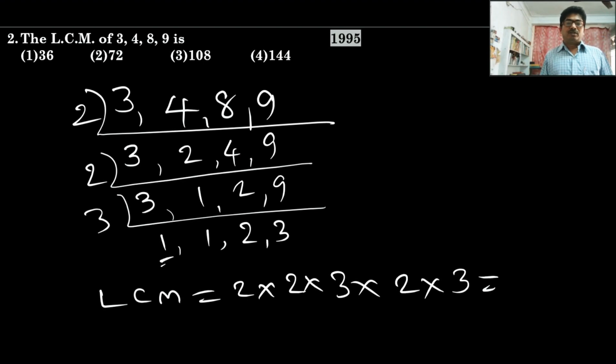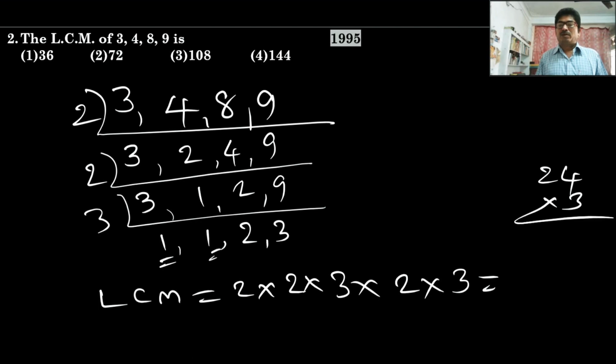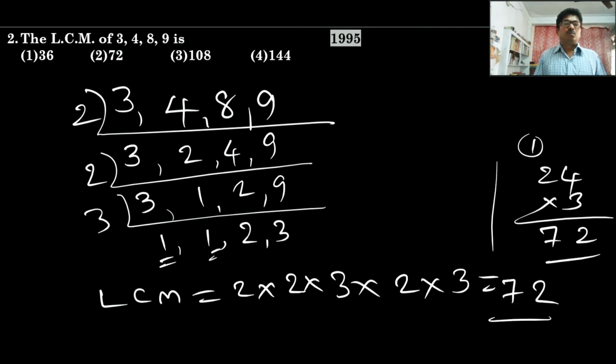No need of writing the ones, because if a number is multiplied by 1, we get the same number only. 2 2s are 4, 4 3s are 12, 12 2s are 24, 24 3s are 72. Option 2.